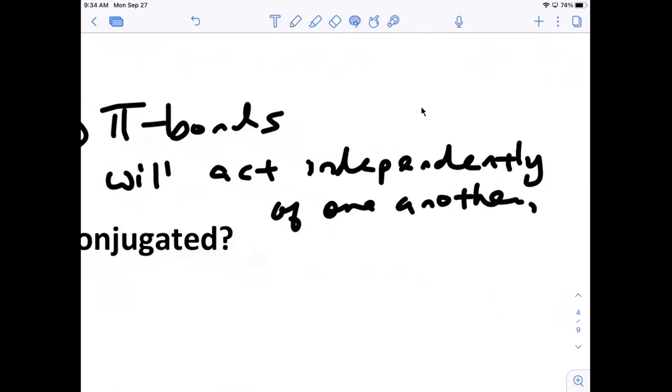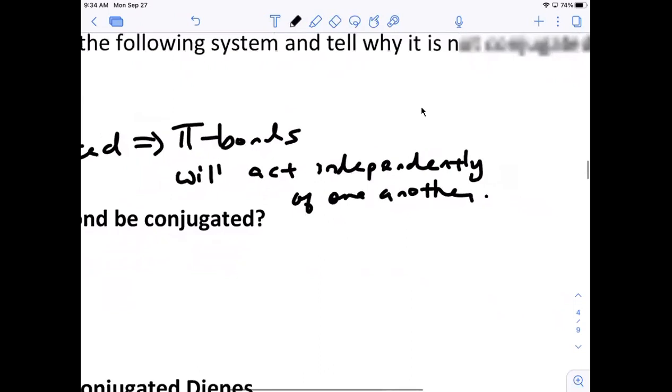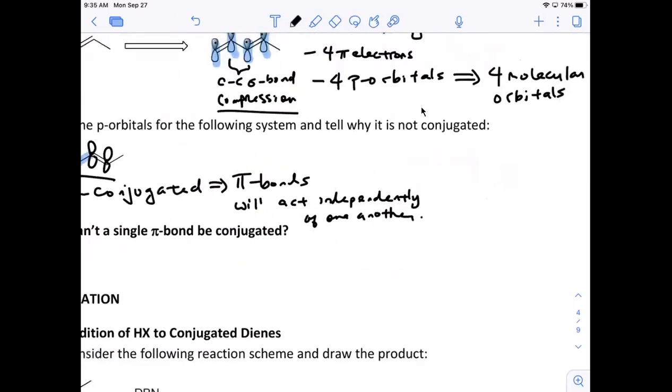And that's the consequence of conjugation. If they were conjugated, then they would act as a unit, but because they're not, they don't.